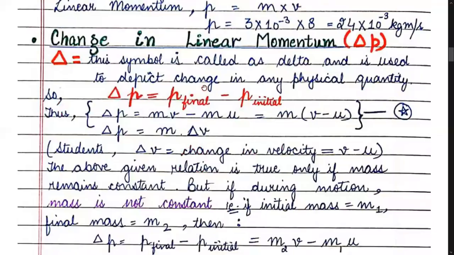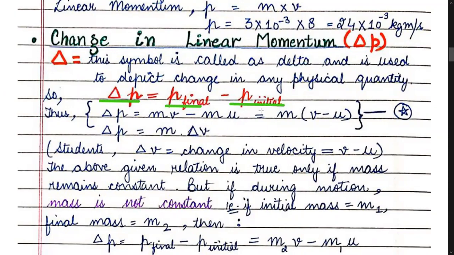Now children, let us study change in linear momentum, which is written as delta P. This symbol, this triangle symbol, is known as delta, and it is usually used to depict the change in any physical quantity. So delta P means change in momentum. Change in linear momentum can be written as the difference between final and initial momentum.